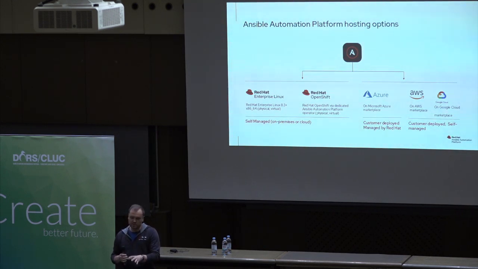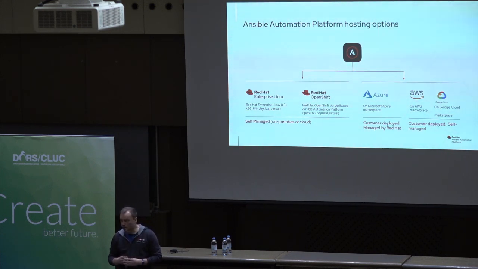This is the simplest way of installation, because we have the so-called OpenShift operator, which provides us with the possibility to install. We just have to define some simple parameters, press the button, and it will do the job for us.